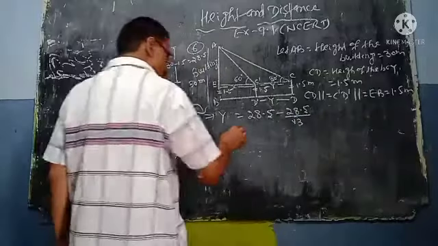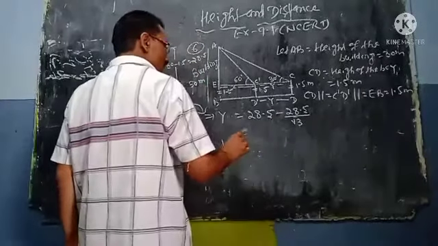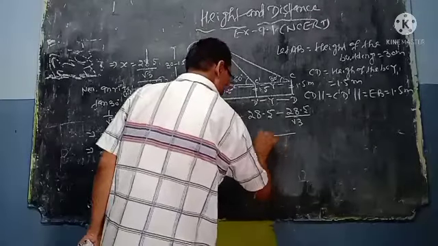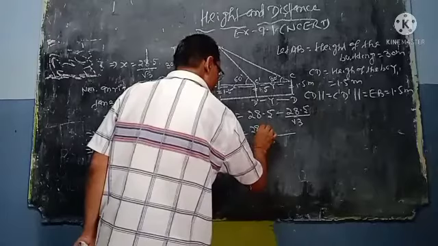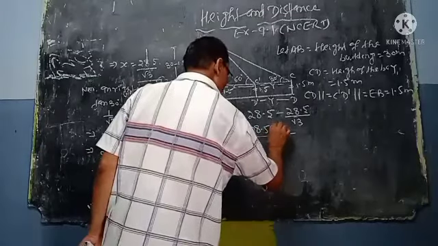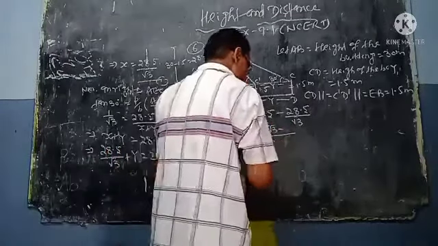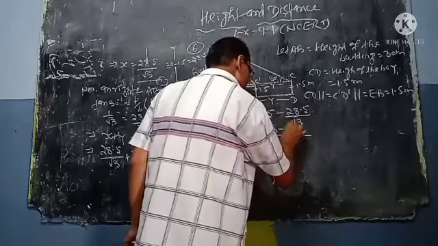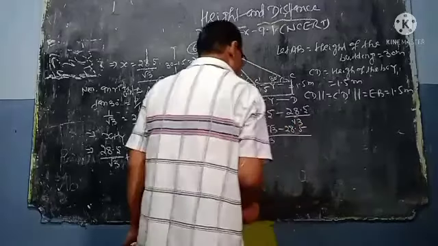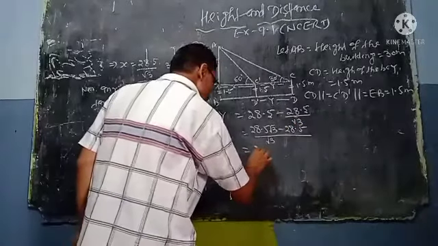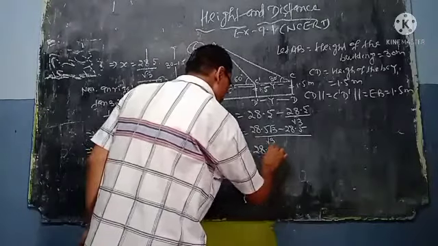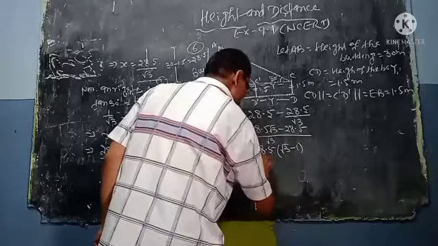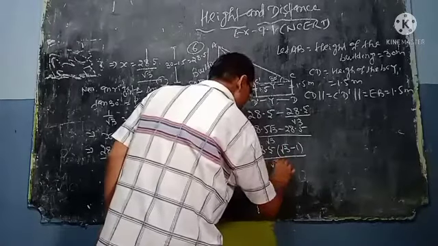The LCM will be under root 3, means 28.5 root 3 minus 28.5. Now 28.5 taken as a common, so it will be 28.5 into under root 3 minus 1 by under root 3.